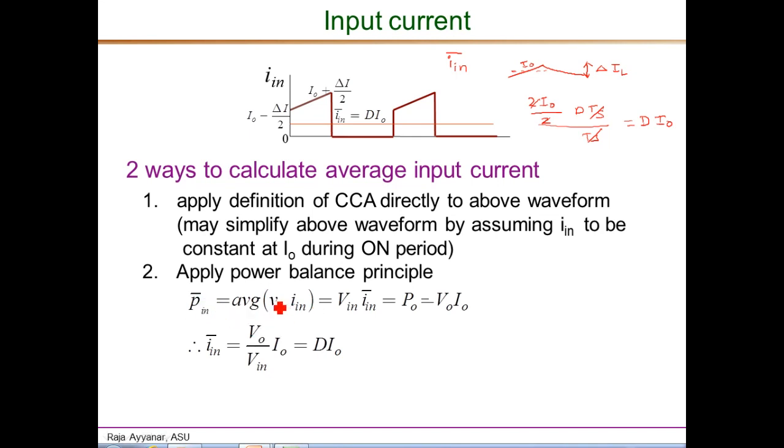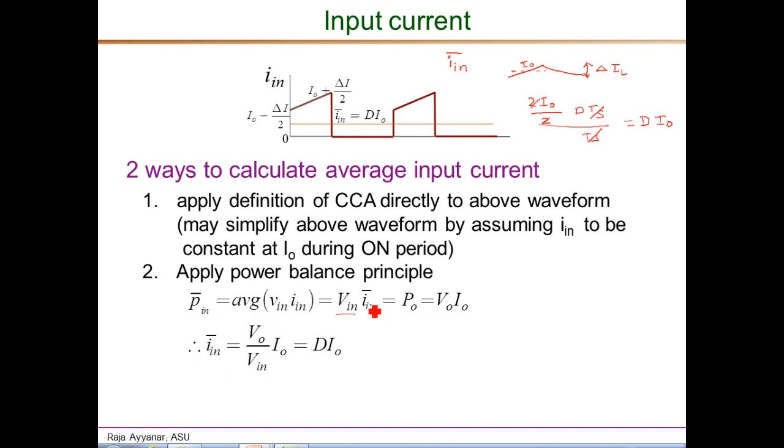The average Pin is the average of the product of Vin and Iin, and since Vin is a constant DC, that is indicated here, so Pin average is simply this constant Vin times the average input current Iin bar. That is equal to the output power, and the output power is VO times IO, both steady DC values.